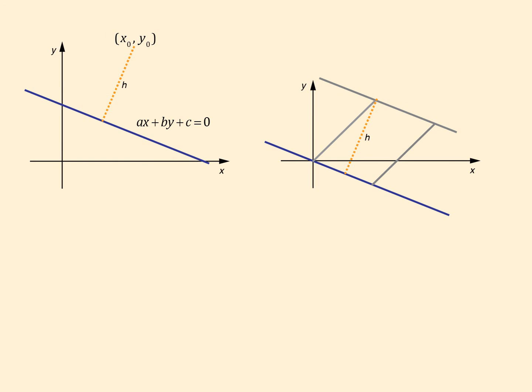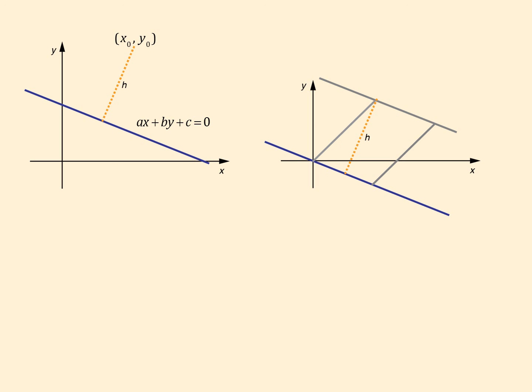So here we've got now a general line, ax plus by plus c equals 0, and a general point x0, y0. And we're looking for the distance h. You can see on the right that the parallelogram has been formed by, first of all, sliding this line downwards so that it passes through the origin.